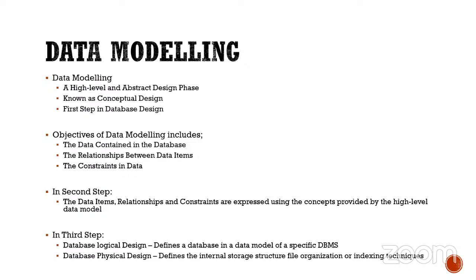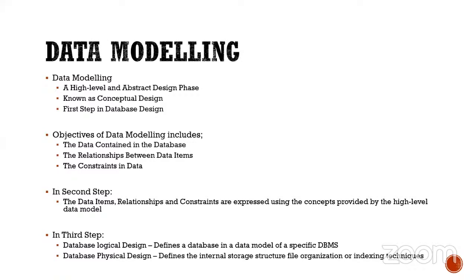If you are capturing those items you want to include in the database, maybe you want to include a database of students, a database of lecturers, a database of computers in the lab, or a database of equipment in your department. Then you look at the relationship between your labs, your equipment, the students and the lecturers or the instructors.